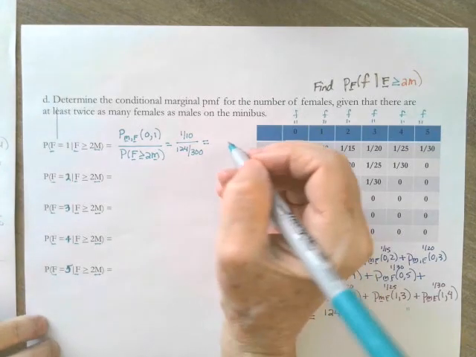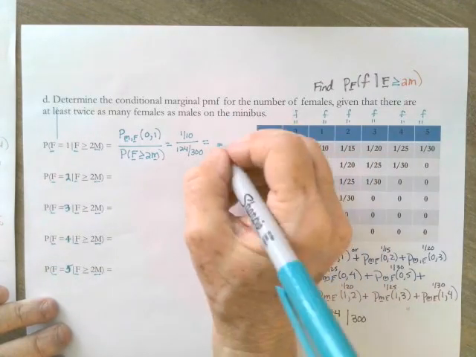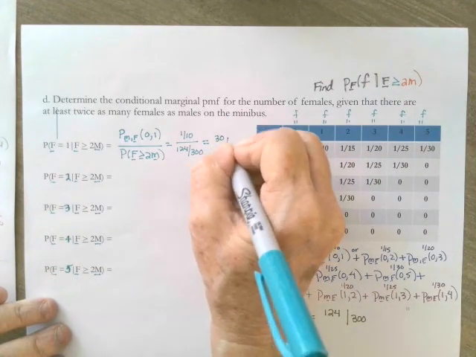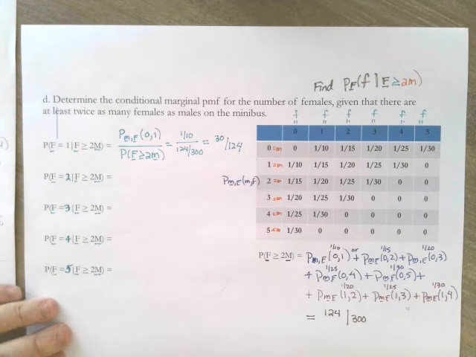And this probability then reduces to, and I'm just going to keep the denominator, I'm not going to simplify, 30 over 124.